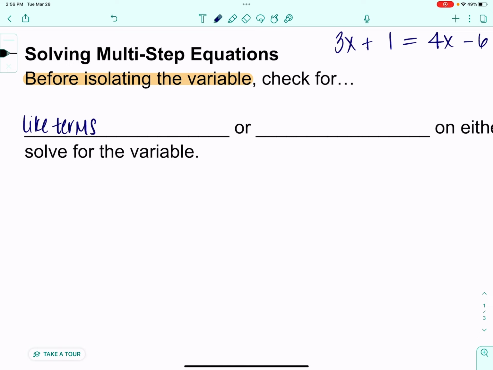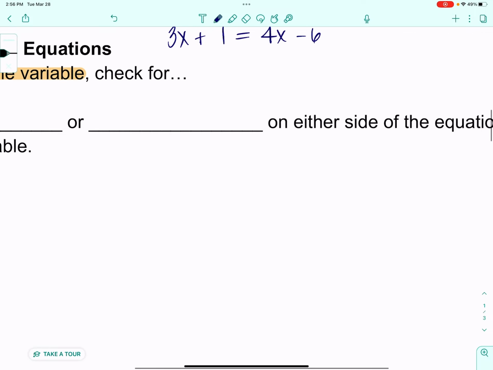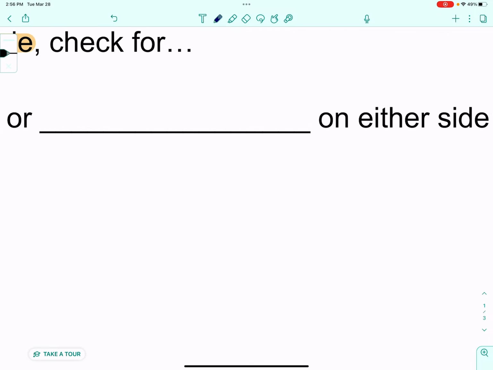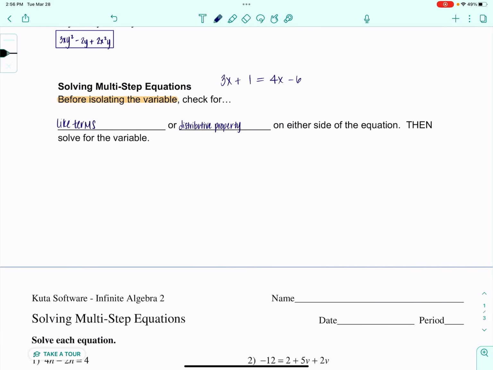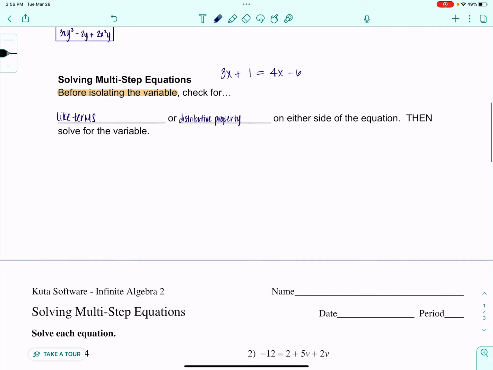We are going to see if there's anything that we can put together on either side of the equation. We are also going to check for an opportunity to use the distributive property. Those are two things that we need to take care of before we can solve for the variable. Once we've done those, we can solve.